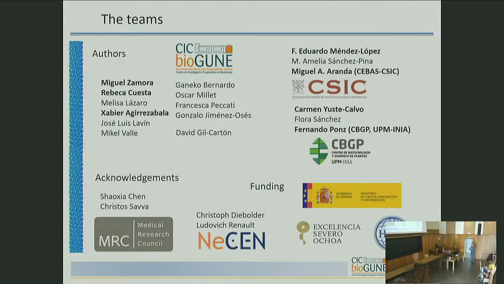A lot of people have participated here, of course. PhD theses by Miguel and Rebeca, and work by Xavier with the first viruses. We have collaboration in NMR with the group of Oscar Millet, in flexible and rigid virtual docking with Gonzalo Jimenez Osuna. David Hill was in the electron microscope at that time, and collaborations with groups in plant pathology such as Miguel Aranda and Fernando Pons in different places.